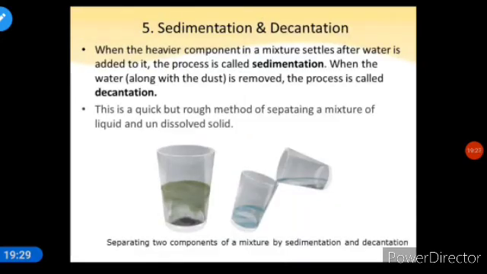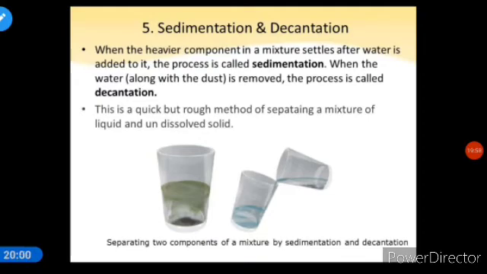Now the fifth one is sedimentation and decantation. When the heavier component in a mixture settles after water is added to it, the process is called sedimentation. What is that? The sedimentation process is used when the mixture has heavier particles.